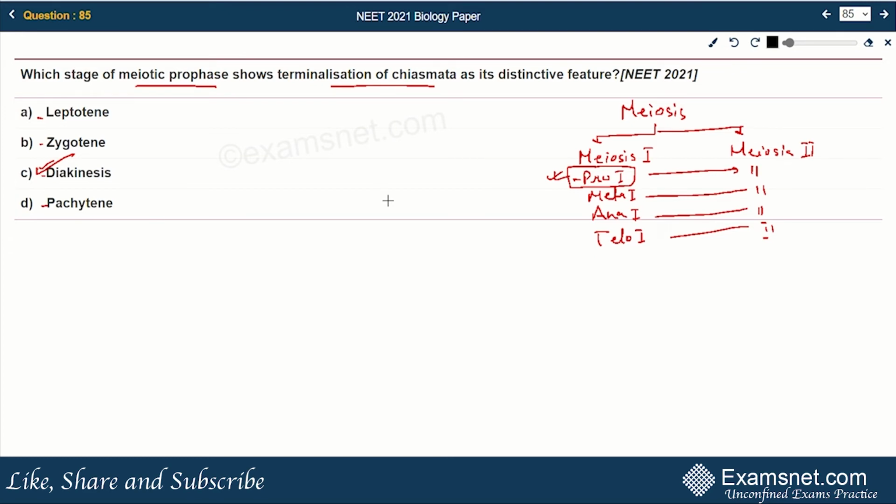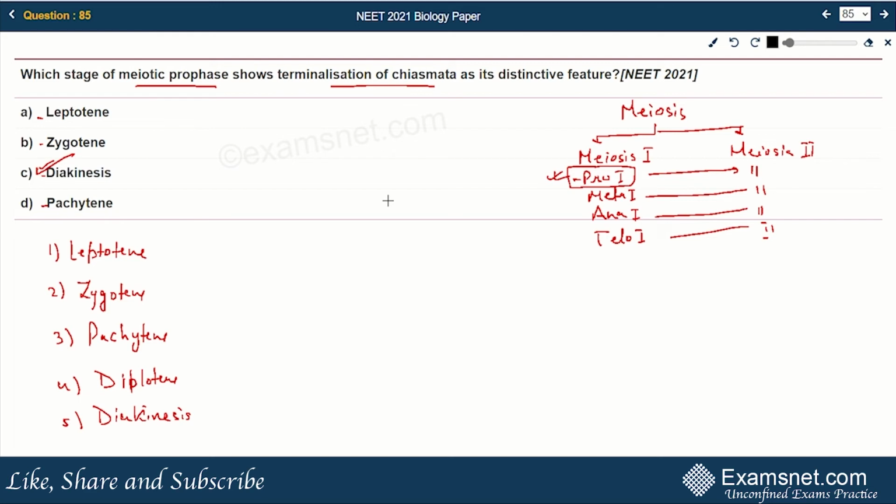Now this prophase 1 is further divided into 5 stages. What are these stages? First one is leptotene, second one is zygotene, third one is pachytene, fourth is diplotene, and the last one is diakinesis.